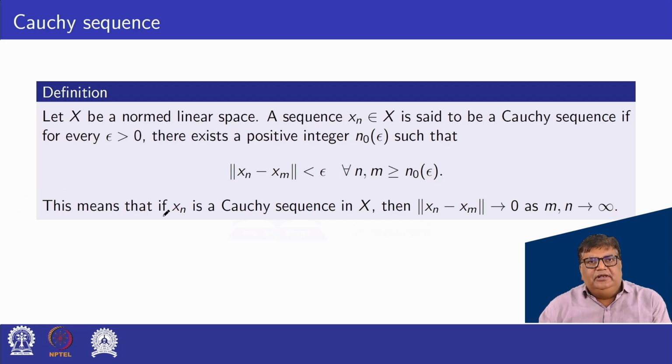This means that if xn is a Cauchy sequence in X, then norm xn minus xm tends to 0 as m, n tend to infinity.